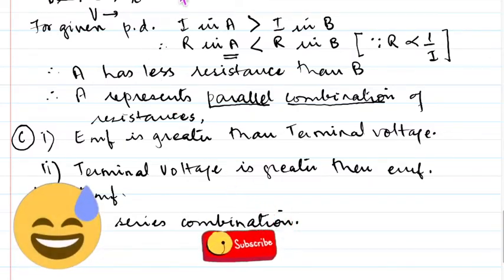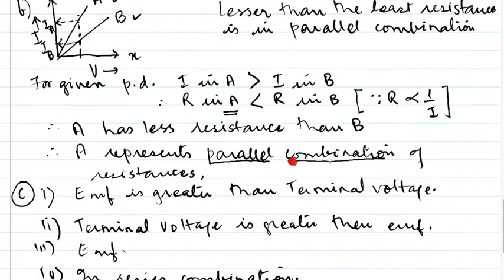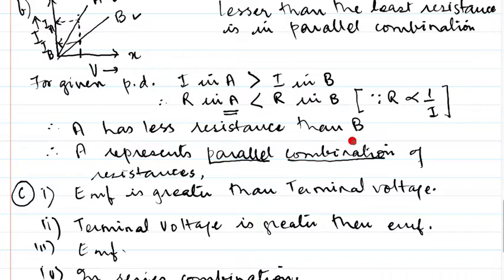Now let us look at our marks. The marks will be for this. This was your 2-mark question. Question 2B was a 3-mark question. So we have to understand lesser than the least means it is your parallel combination.